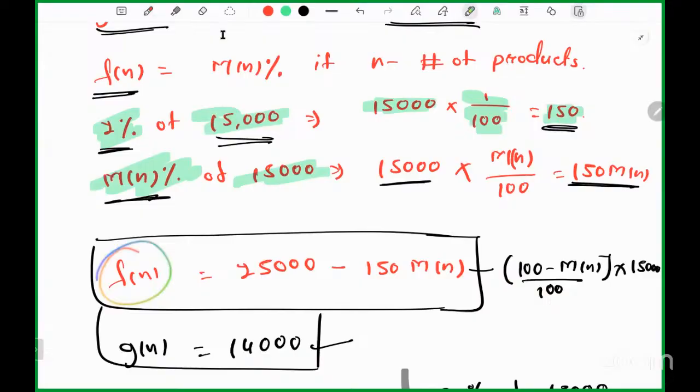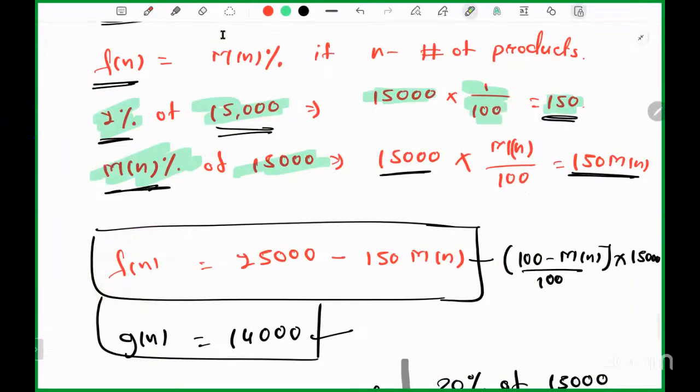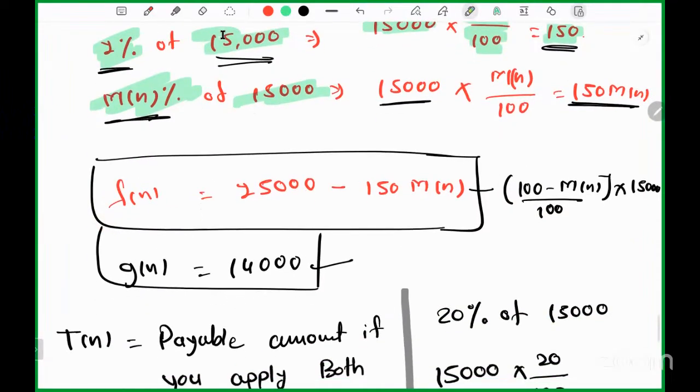Now F of n actually denotes the function, the payable amount after applying the first offer. So if you apply the first offer, then whatever remaining payable amount is, that is denoted by f of n. After applying the first offer, if you bought stuff of 15,000, then mn% of 15,000 is 150 of mn.